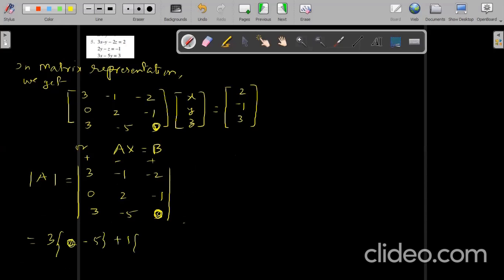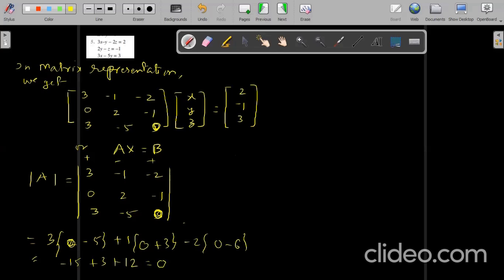This row, this column is deleted, 0 minus minus plus 3, and then minus 2, 0 into 5, 0, minus 3 to the 6. So we get minus 5 3 is 15, plus 3 and minus minus plus 6 to the 12. So we get 0 here.